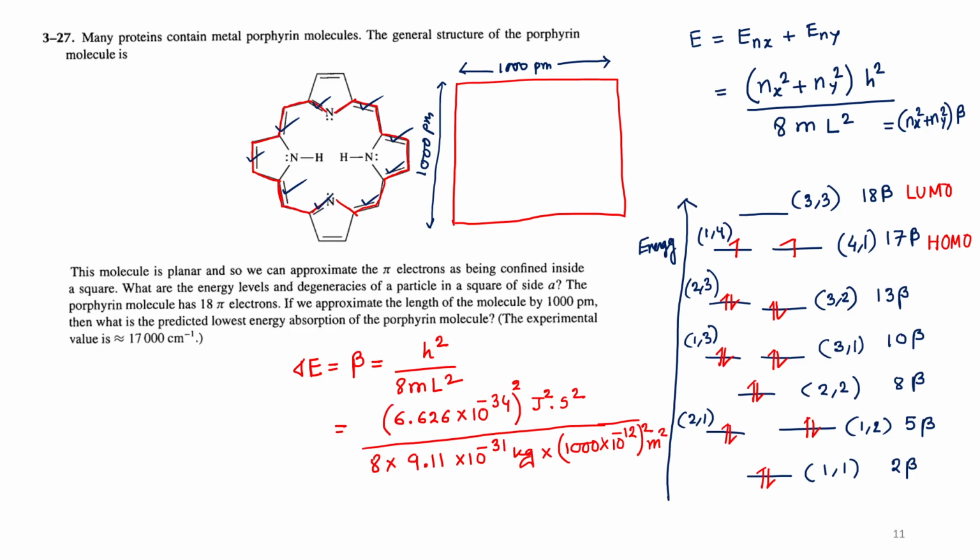The previous question we solved for a particle in a 1D box, the same thing. Here we are doing it for a molecule in a plane, which is actually related to the particle in a 2D box. The way of solving is the same, just the states now are degenerate. So these are the things we need to keep in mind.